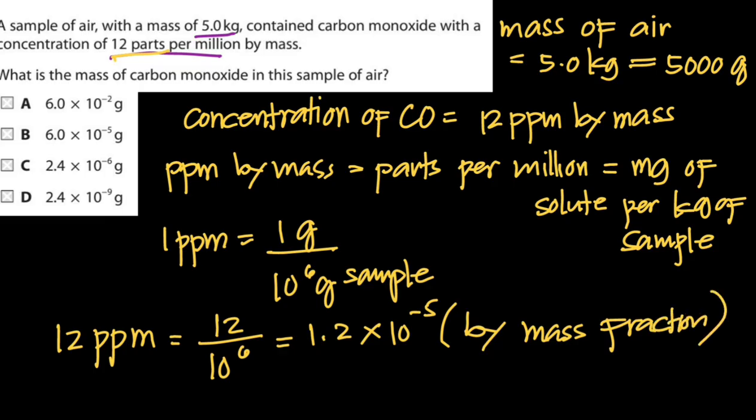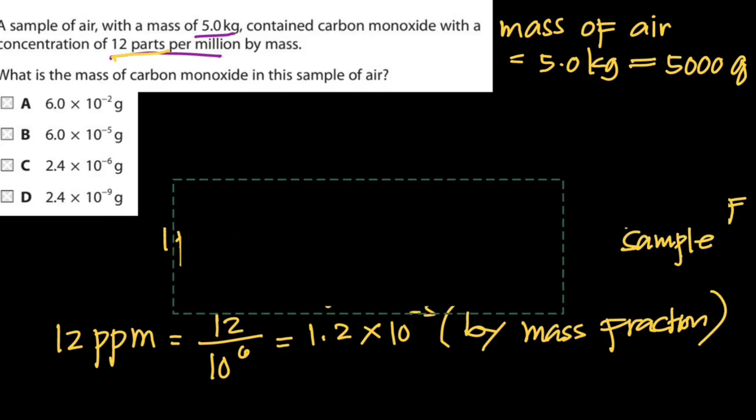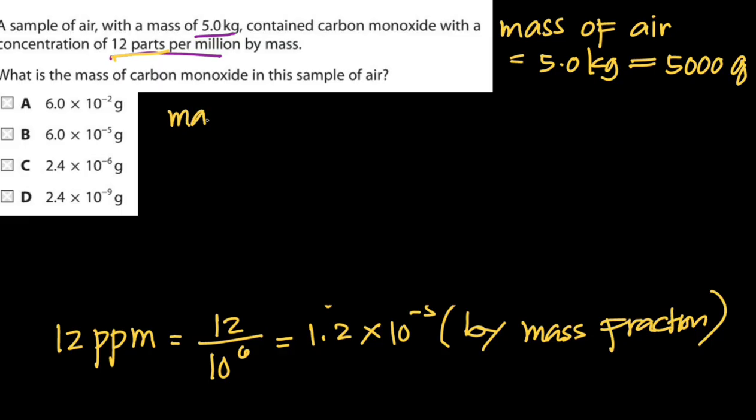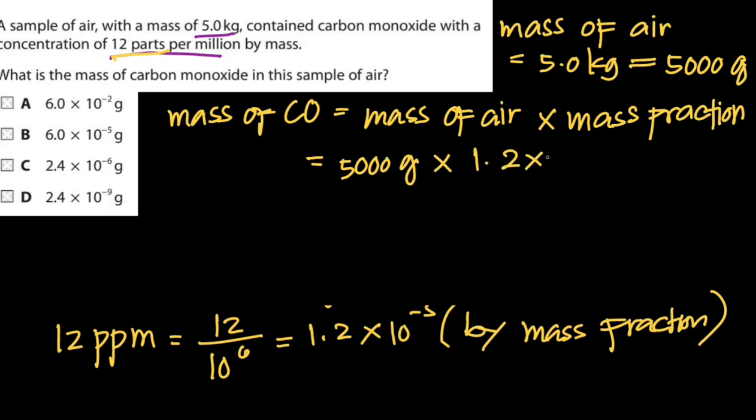Now we can solve for the mass of carbon monoxide. So the mass of carbon monoxide is just equal to the mass of air times the mass fraction that we just calculated from the given 12 parts per million by mass concentration of carbon monoxide. So this is just equal to 5,000 grams times 1.2 times 10 to the negative 5.